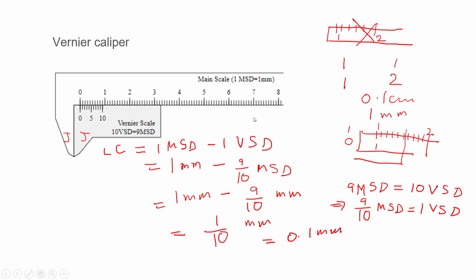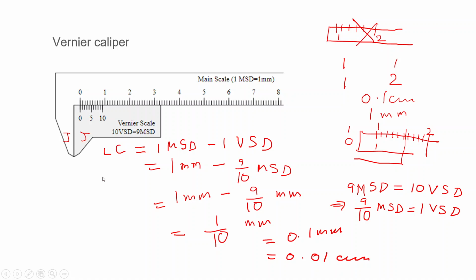But using a vernier caliper, we can go to 0.1 millimeter. That means it's 0.01 centimeter. So now we can obtain one more precise decimal value of anything that we measure.